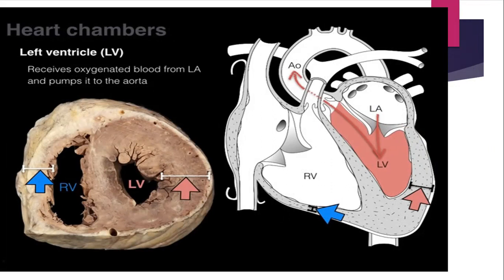You can see that the mitral valve strictly never regurgitates, unlike other valves like the tricuspid, where some amount of blood can regurgitate, but the mitral valve does not regurgitate.